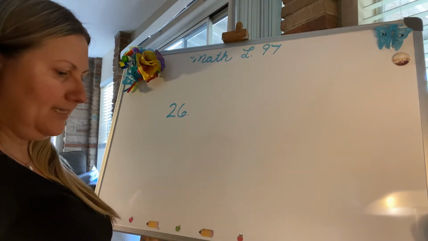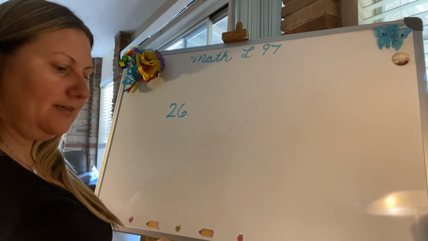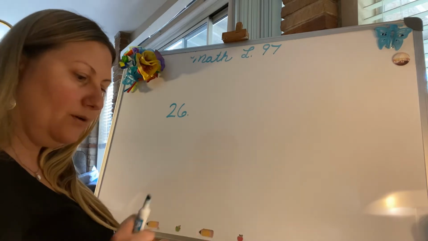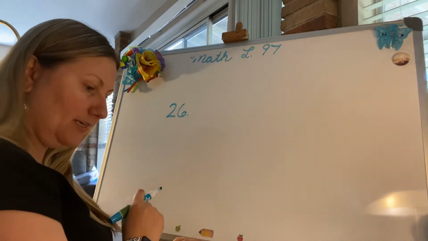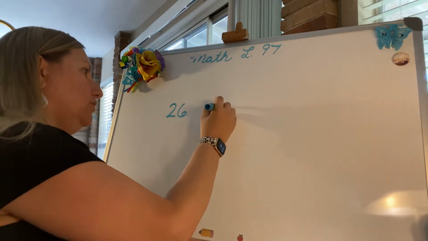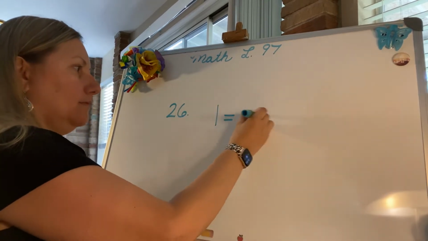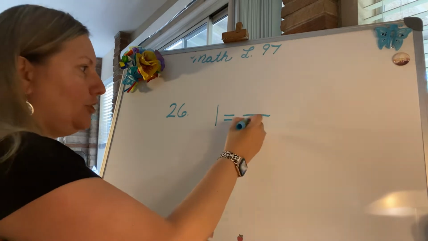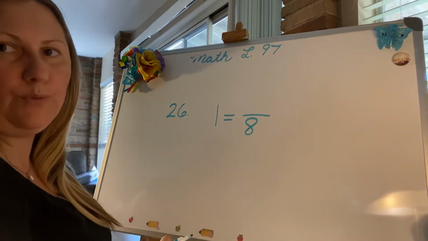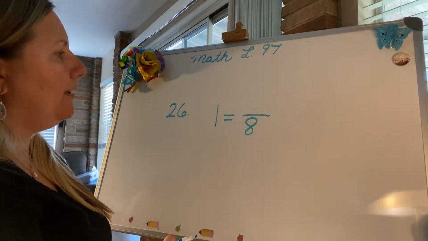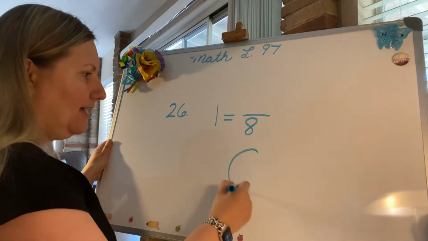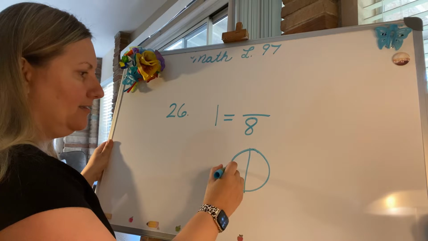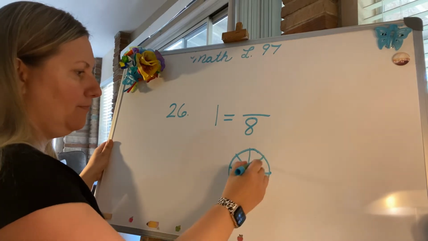So number 26 says, write a fraction equal to 1 with a denominator of 8. So we'll write a fraction that is equal to 1 that has a denominator of 8. Okay, well, 1 whole of something, let's say that we have this that's divided into 8, just to show it.